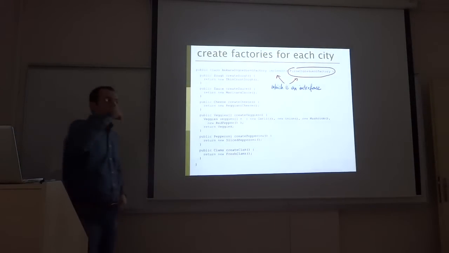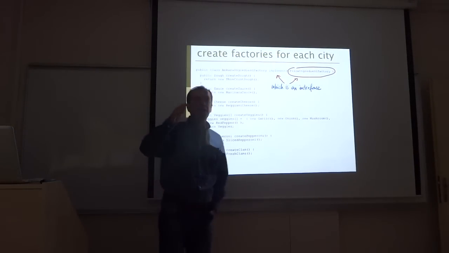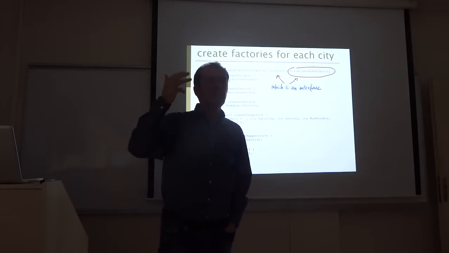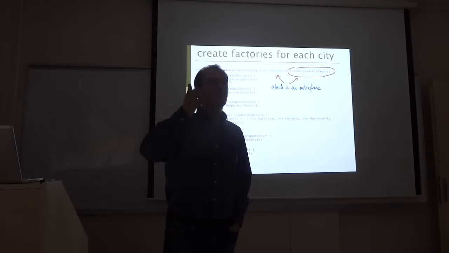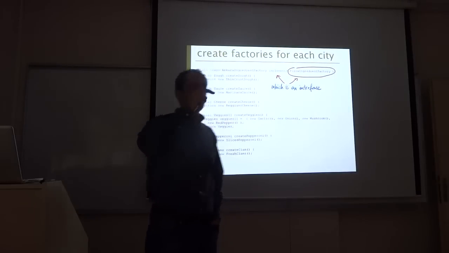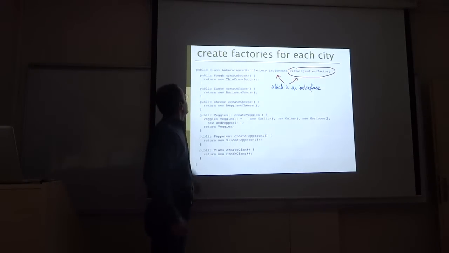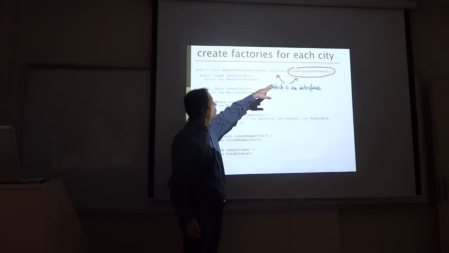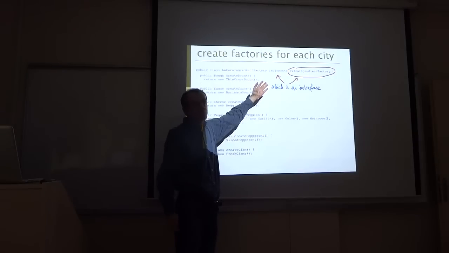So what I'm going back to is, let's create factories, not a pizza factory, but let's have a dough factory, let's have an ingredient factory, like a sauce factory instead. So what I have here is a pizza ingredient factory, which is an interface, which is the abstract factory.